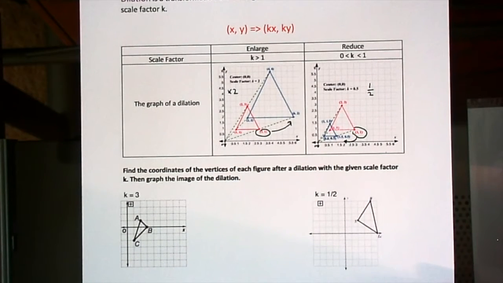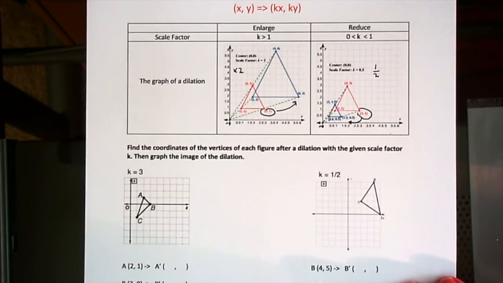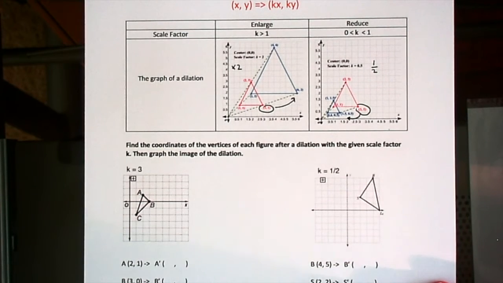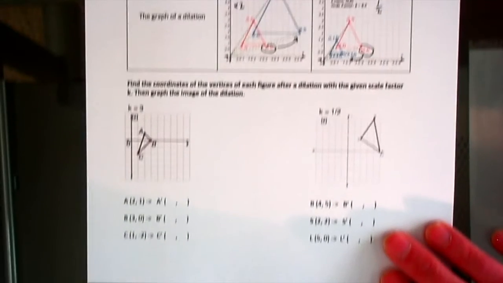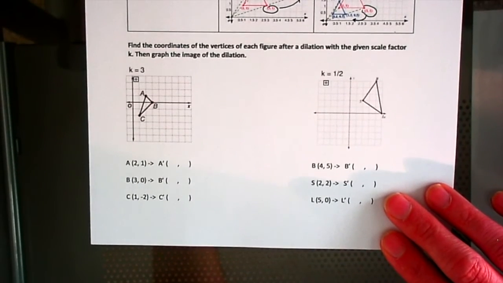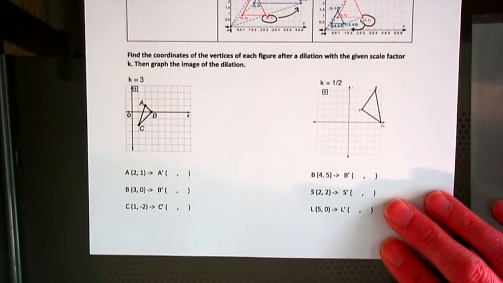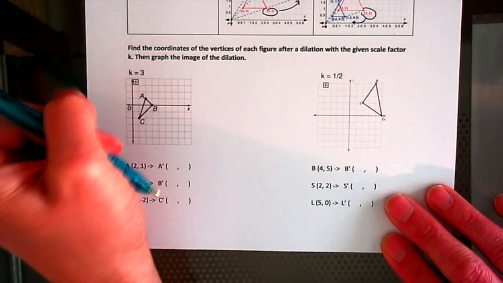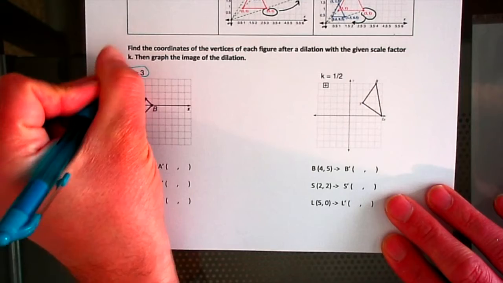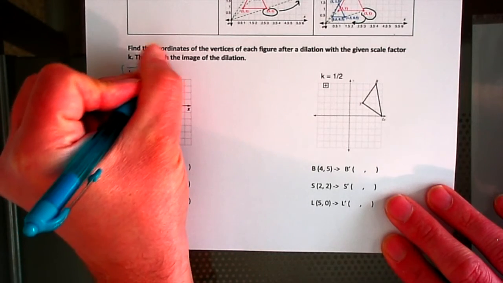So here we're going to find the coordinates of the vertices of each figure after a dilation with a given scale factor k, then graph the image of the dilation. Let's look at our first one, which is k equal to 3. So it has a dilation of 3. That means everything is going to get multiplied by 3.